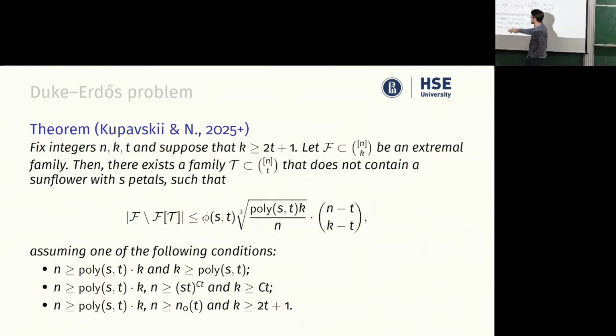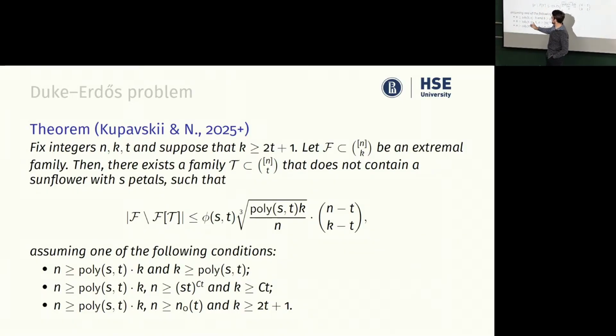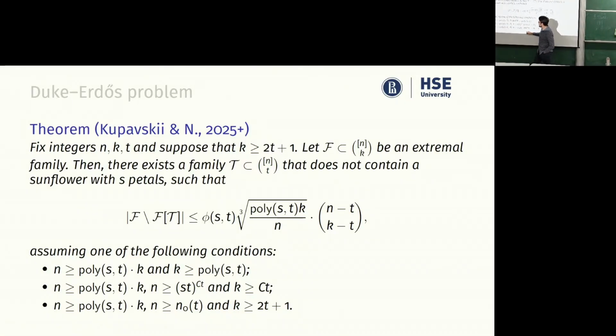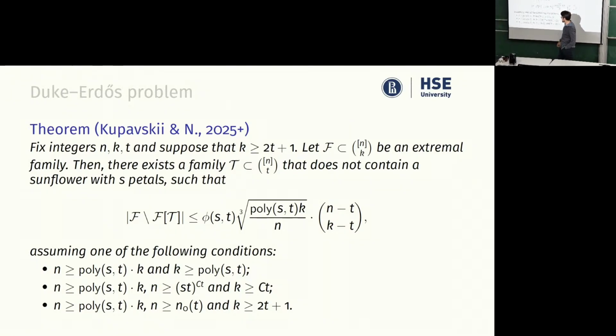Or we can prove this result for n linear in k, n larger than s t to some power linear in t, and k larger than some constant times t. Or we can prove the same result assuming n is larger than n0 of t, and k is larger than 2 times t plus 1.